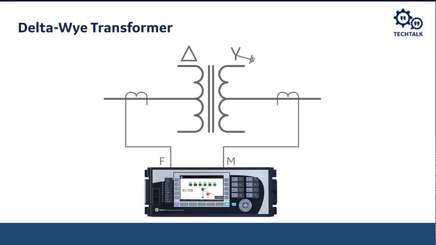So when we look at this in the oscillography, it'll say F1, 2, and 3. That's A, B, and C phase. Likewise, the M is connected to the secondary. So when we look at that, it'll say M1, 2, and 3. That's A, B, and C phase.